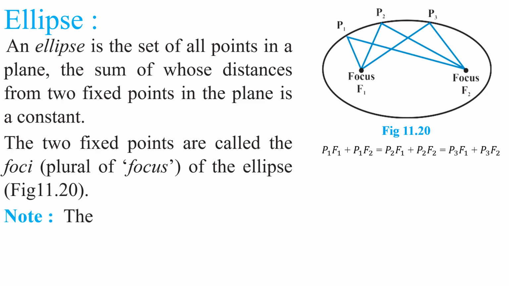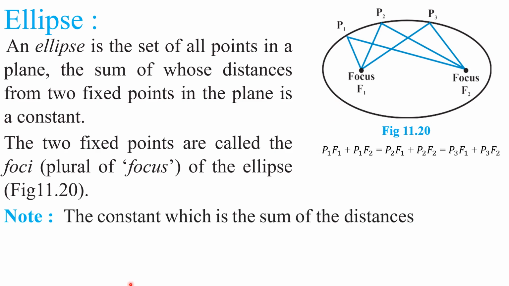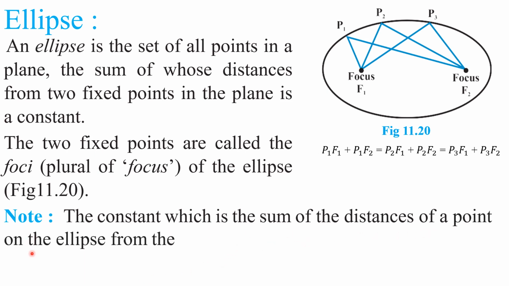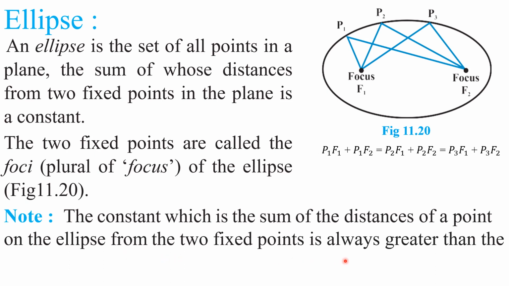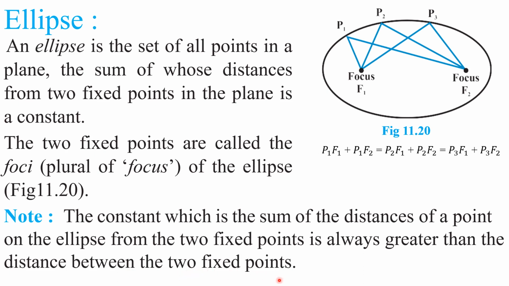Right. Note, the constant, which is the sum of the distances of a point on the ellipse from the two fixed points, is always greater than the distance between the two fixed points. Okay, my children.